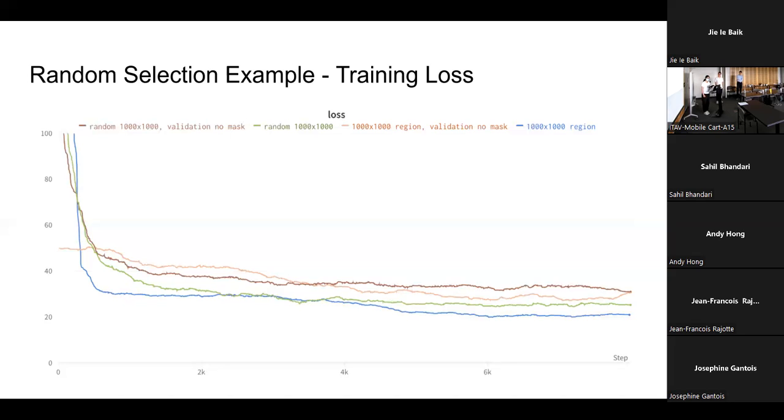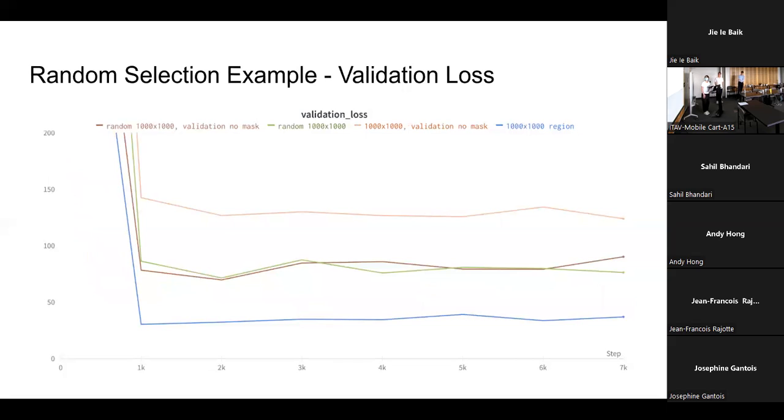From this plot, we can see that the training loss for the 4 different runs is not significantly different. But for the validation loss in the same group, training and validating on the same subregion results in the best performance, which we can tell from the blue curve on the very bottom. Next, for the cases where we randomly select pixels, the 2 validation losses are roughly on the same scale.